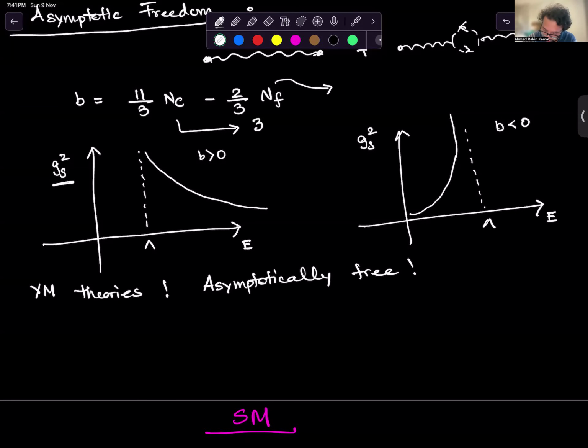So for QCD, this is 3 and this is 6. And B is 11 minus 4, so it's a positive number. QCD actually is realizing this aspect of Yang-Mills theories.